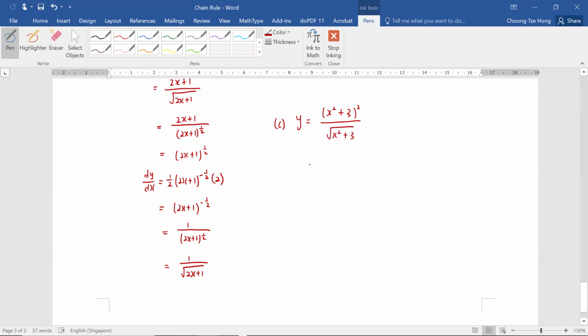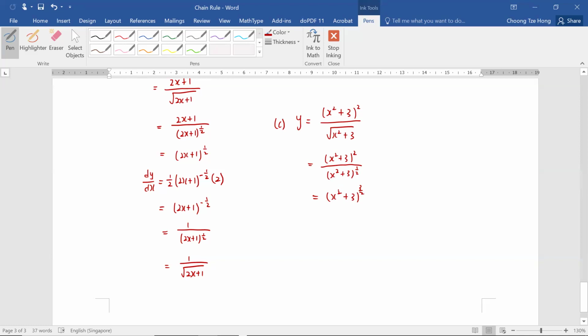Same thing, we're going to use the law of indices and combine them together first. The bottom is just a power half, so power 2 over power half will be power 1.5, which is 3/2.